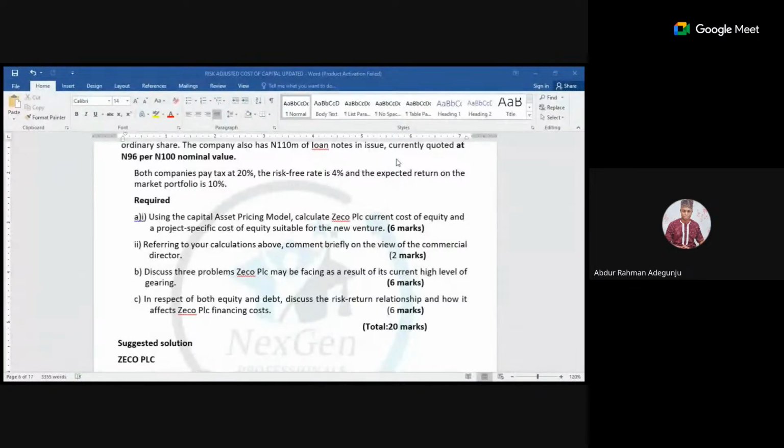The risk-return relationship and how it affects Zeco PLC financial costs with respect to both equity and debt. So I said the risk and return relationship is that the riskier the business, the more the return that is expected.